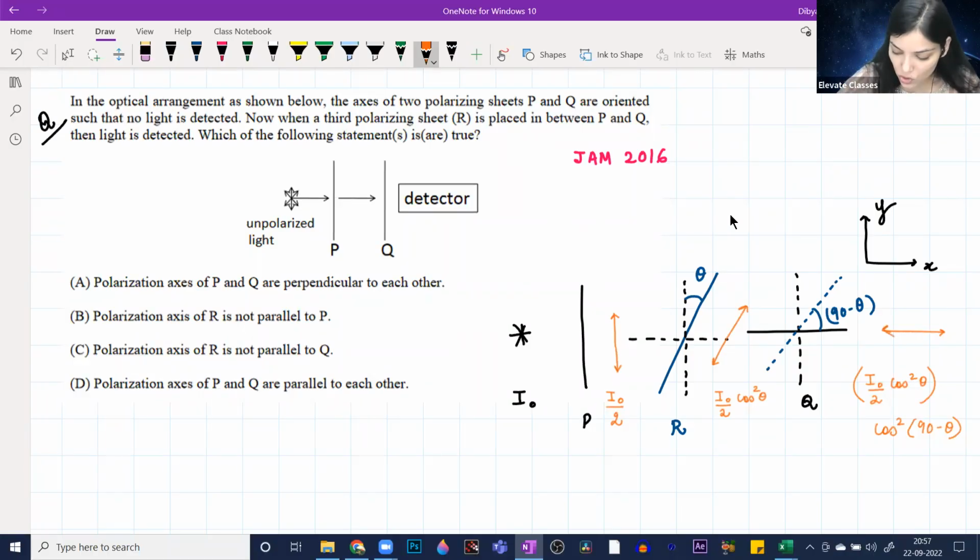On the detector I will get x polarization according to this diagram and this is the intensity I am going to get. So we had to tell which options are correct.